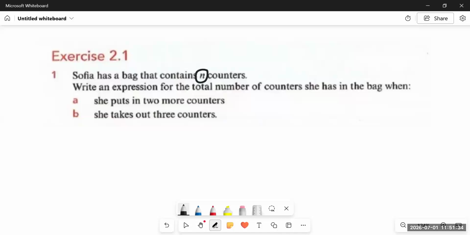Why are they called variables? Variable comes from the word vary, which means the thing that gets changed. So we don't know what that number is, so we are using a letter. It could be any letter: A, B, C, X, Y, Z, M, N, O, any letter you want to use over here.